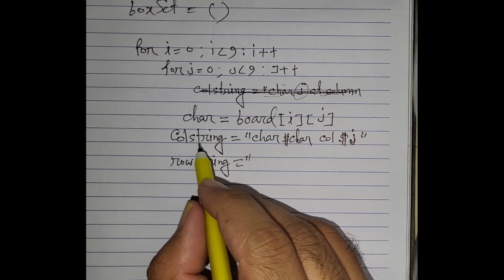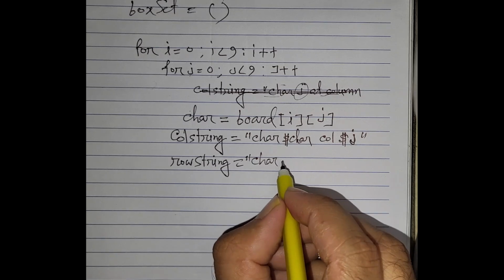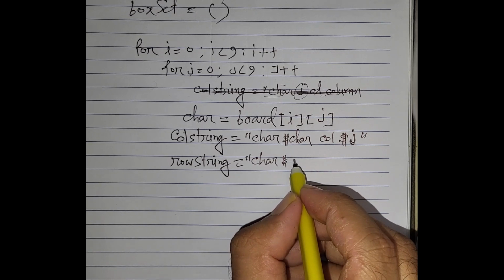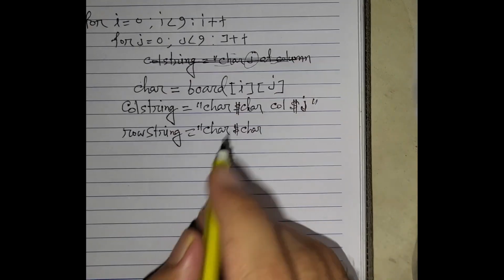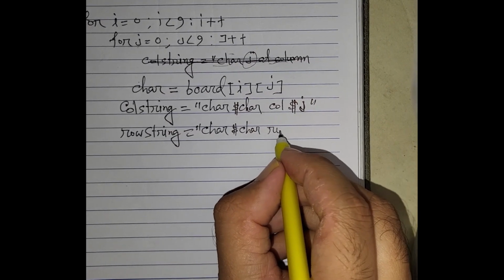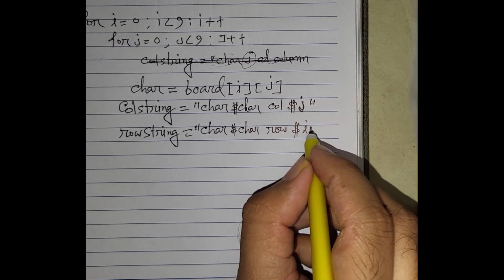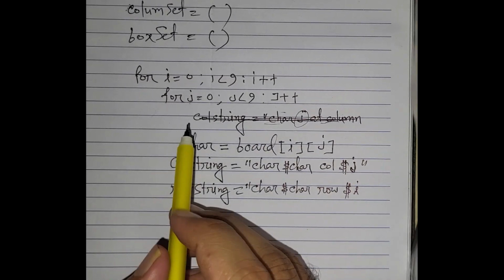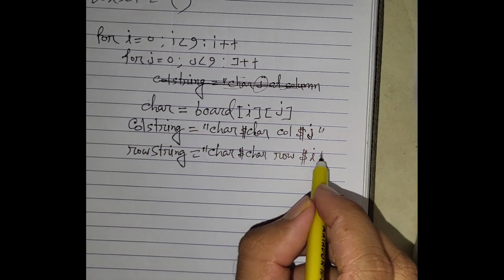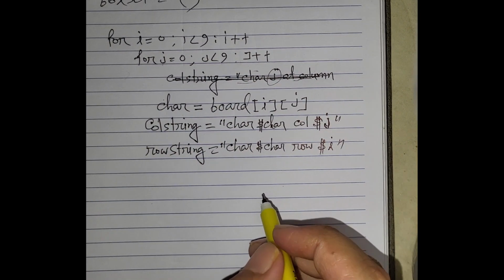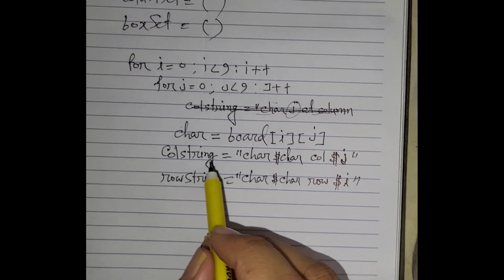Just like I have done for column string, I'll do the same thing. Character is this character that we are getting from here, at which row? This i is giving us the row number. Okay. So we've done it for column, we have done it for row, and now it's time to do it for box.